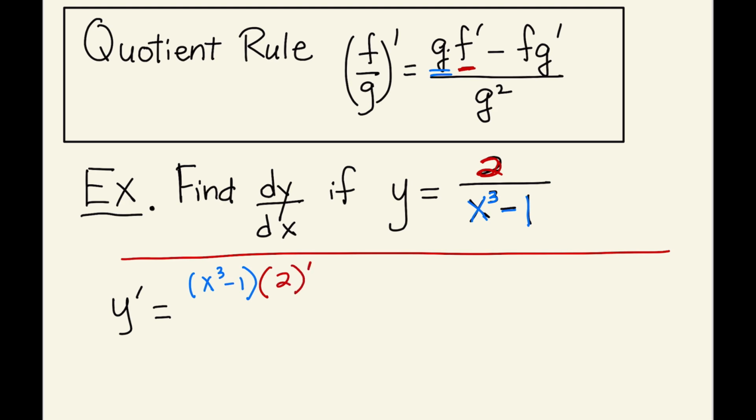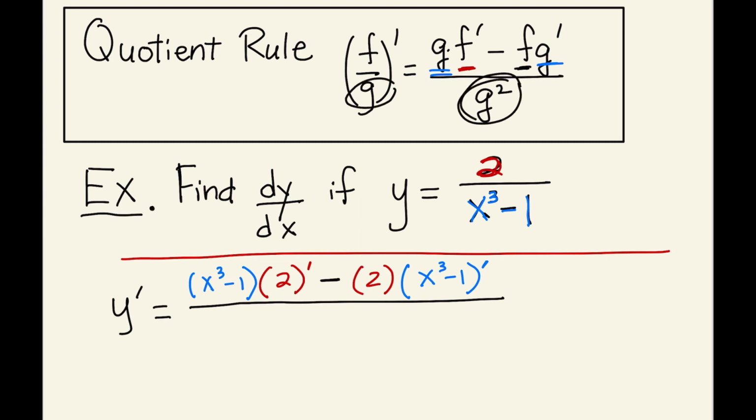The key thing to remember is subtraction. With the product rule, addition; with the quotient rule, subtraction. Next, I take the function f, which is just 2, and multiply it by the derivative of g, which is x cubed minus 1 prime. Then don't forget the denominator: that whole thing is divided by the bottom function squared, so x cubed minus 1 squared.